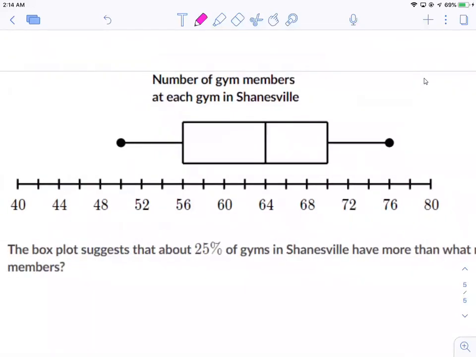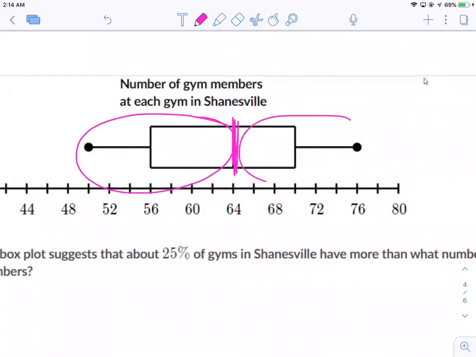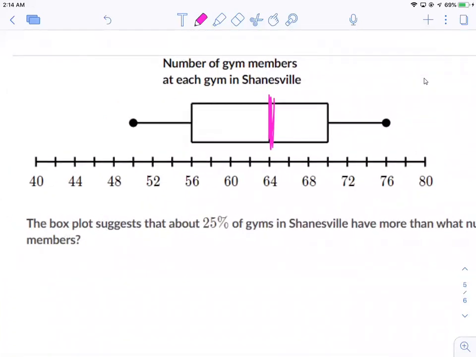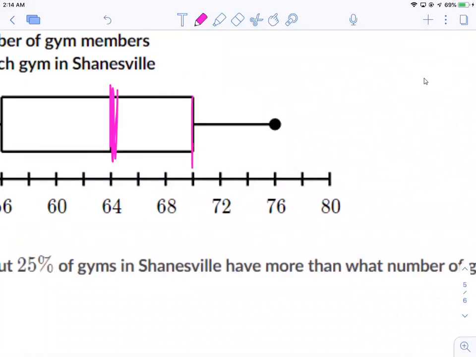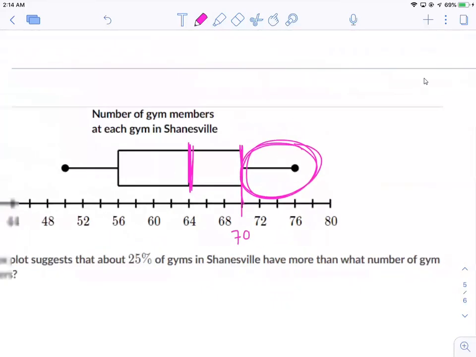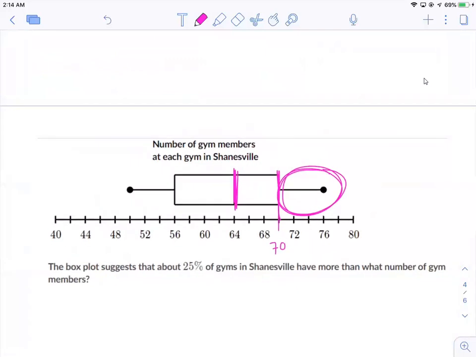So the median, right, or the 50th percentile is 64. So 50% of gyms have less than 64 members and 50% of gyms have more than 64 members. So what percentage have more than 25%? So it looks like that's going to be at 70, right? Because that is more than having 70 gym members.